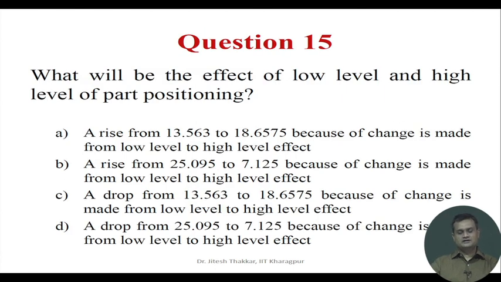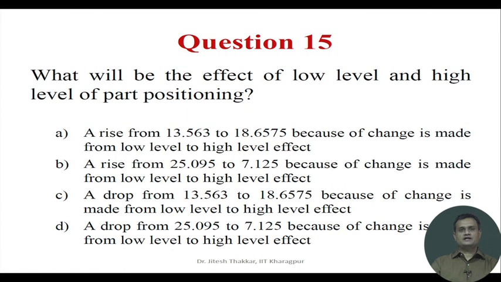Question 15. What will be the effect of low level and high level of part positioning? A rise from 13.563 to 18.6575 because of change made from low level to high level effect.